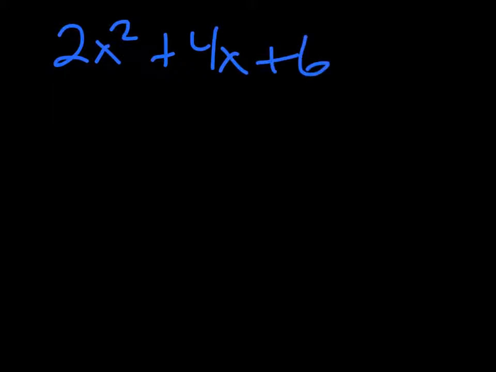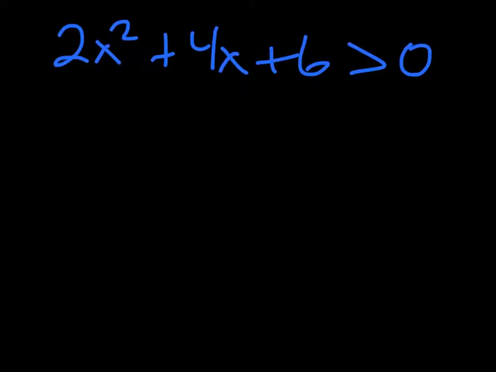Let's say we have 2x squared plus 4x plus 6 greater than 0, for example. This is a little different. This is a positive parabola. I kept the numbers the same.